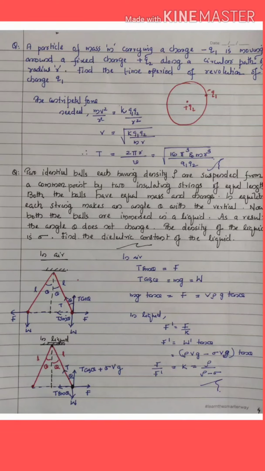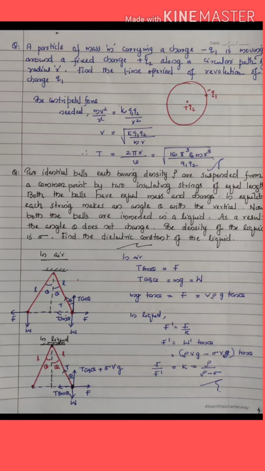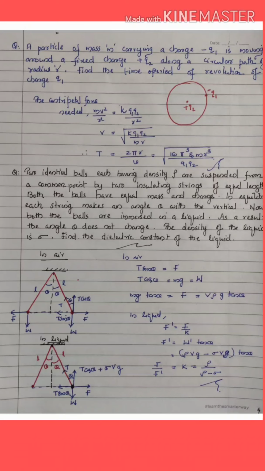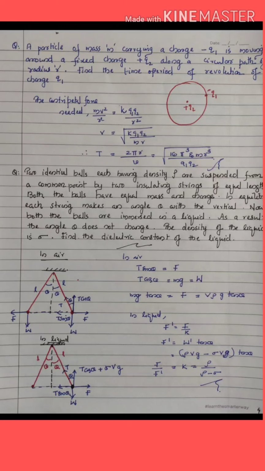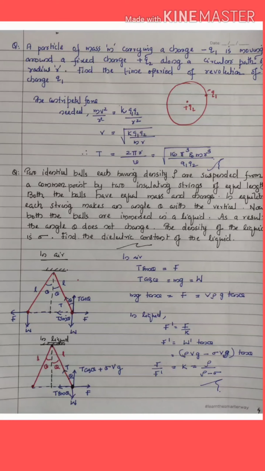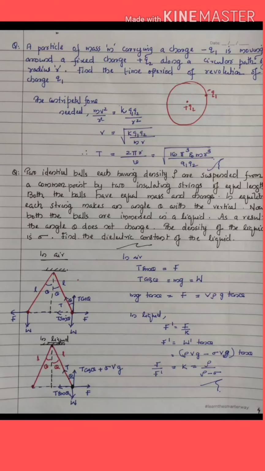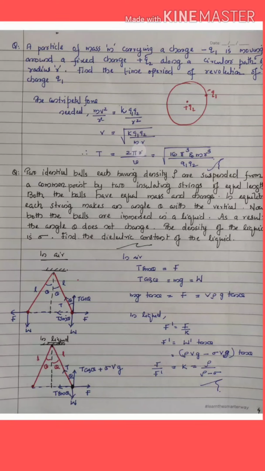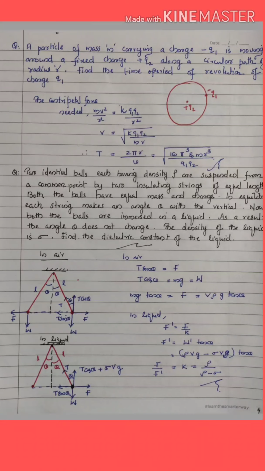So we can write m v square by r equal to k q1 q2 by r square, and hence we can find the velocity as root of k q1 q2 by m r, and the time period equals 2 pi r by v. The 2 pi r is nothing but the total distance, the circumference, divided by the speed v. You get the answer.